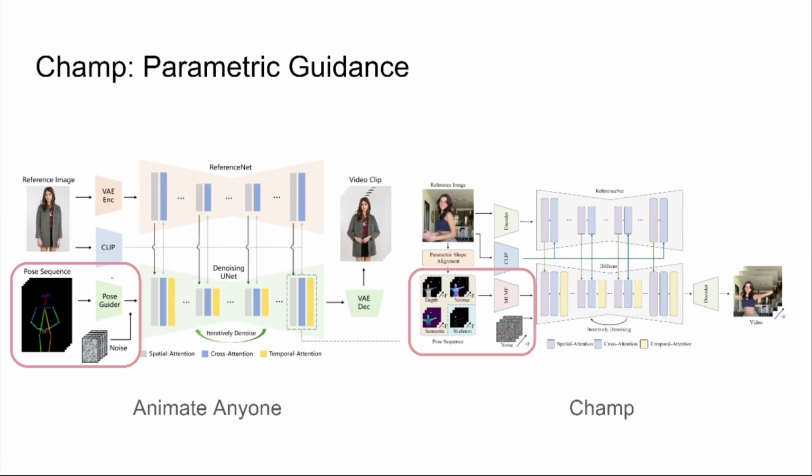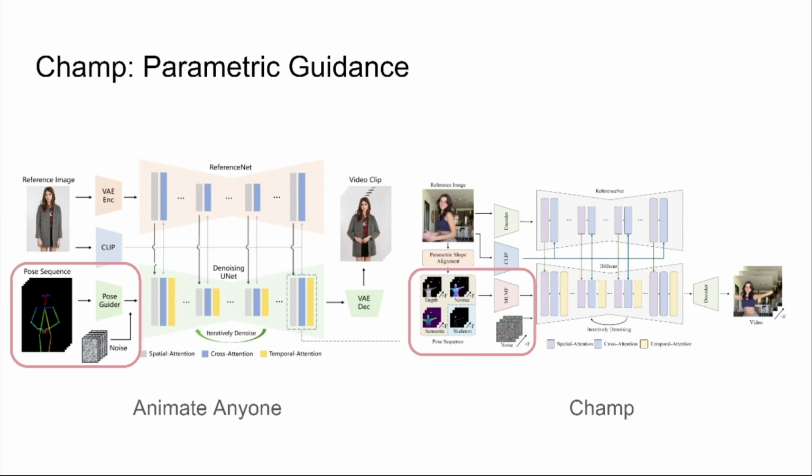Then we take this as input to the original Stable Diffusion pipeline, and apply the reference net using spatial attention, add the text guidance using cross attention, and also apply temporal attention, which is used by AnimateDiff.